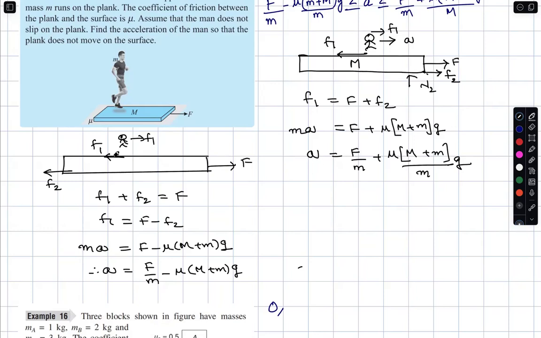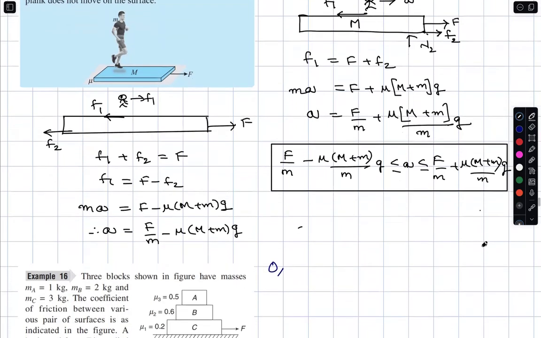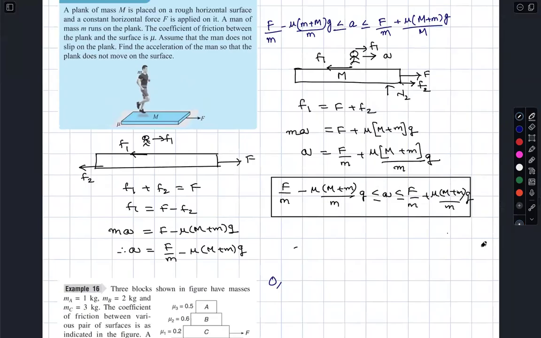F2 may become 0 also. In that case, F1 becomes capital F. So therefore, any accelerations between these limits are possible.